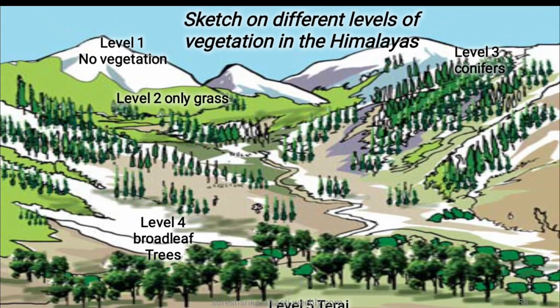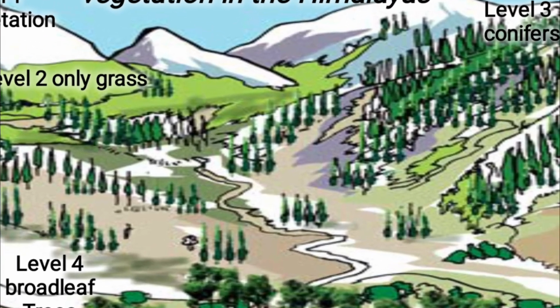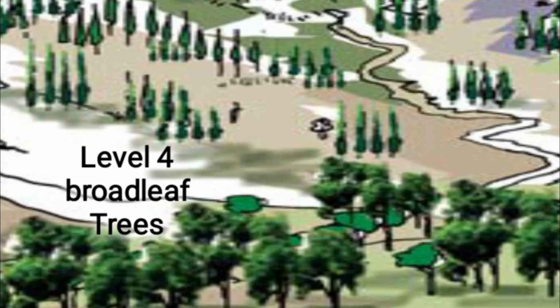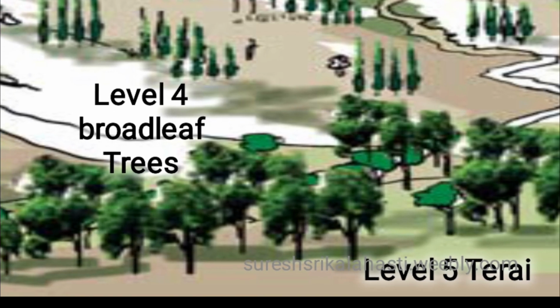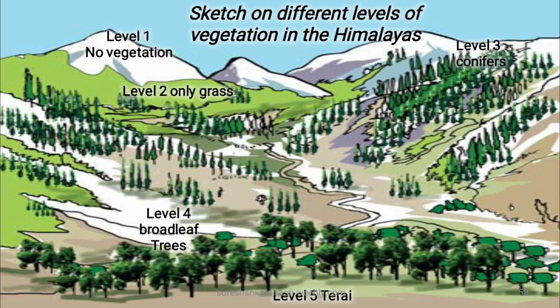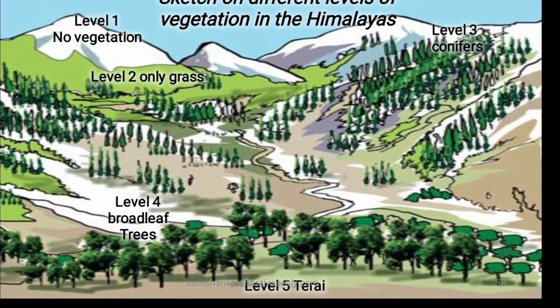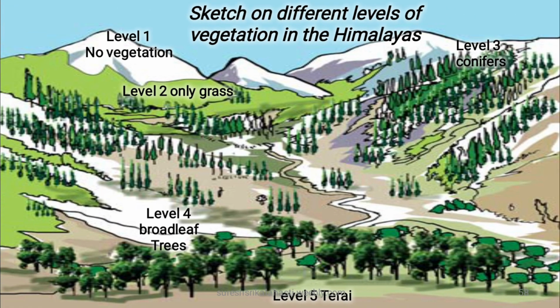In level 3, coniferous trees are there, observe it. And level 4, broadleaf trees. And level 5, that is Terai. Terai is a marshy land. We can observe this type of 5 levels of vegetation in the Himalayas.